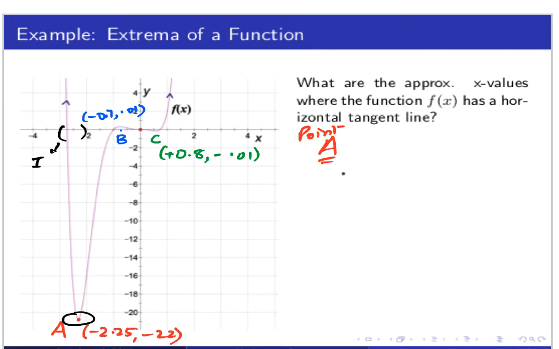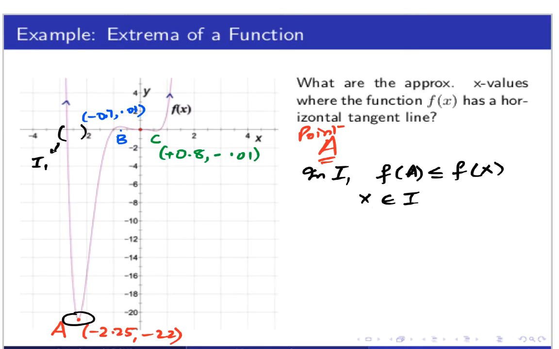So say this is I1. In this interval I1, the value of the function at A is less than or equal to every value where x is in this interval.